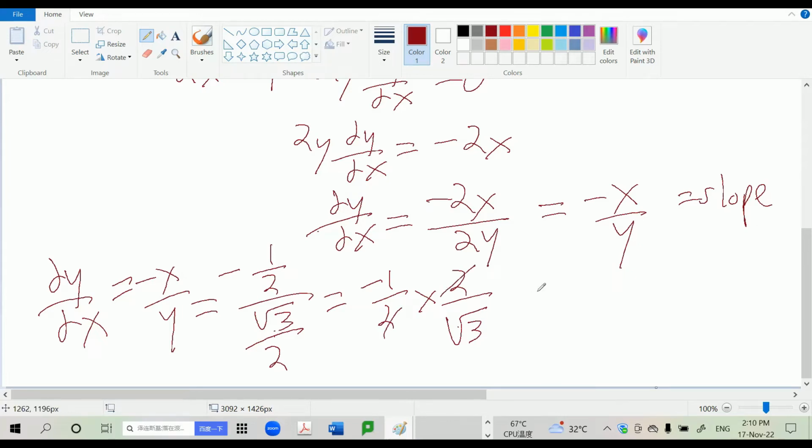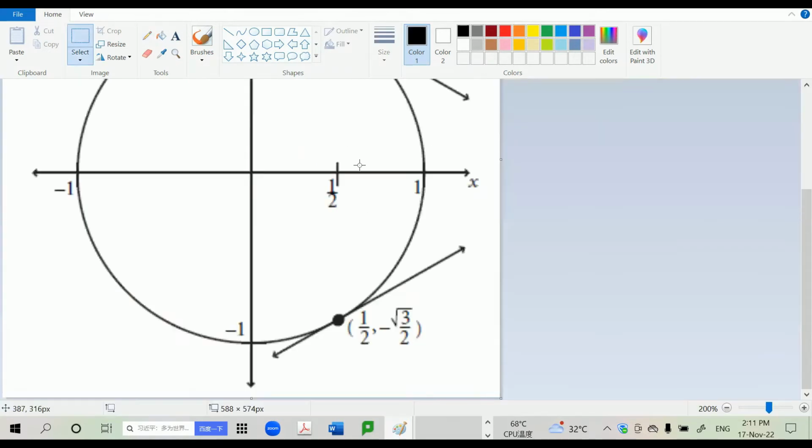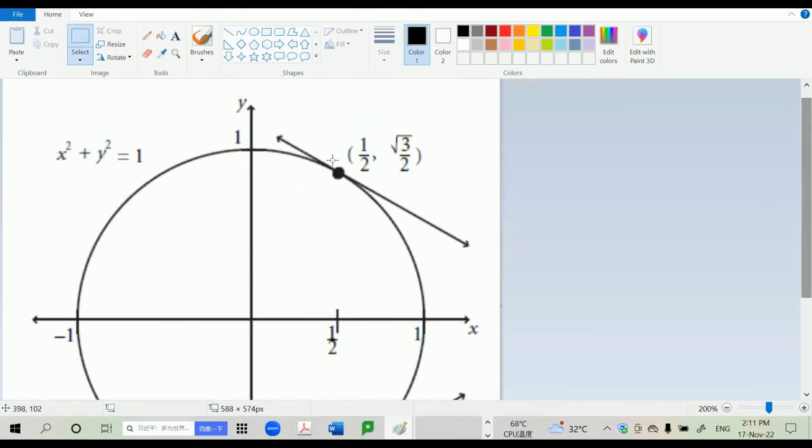That will cancel. That will give me negative 1 over square root of 3. That will give me the negative square root of 3 over 3, okay? And then that would be the slope, okay? One of the slopes. That would be the slope then at the top of the circle, okay?